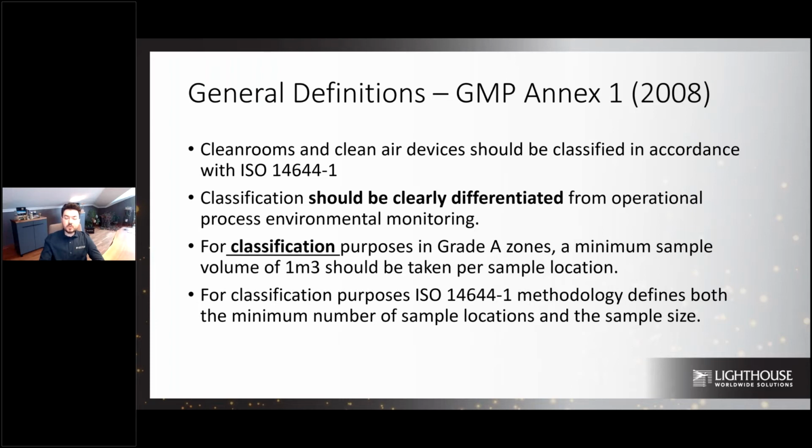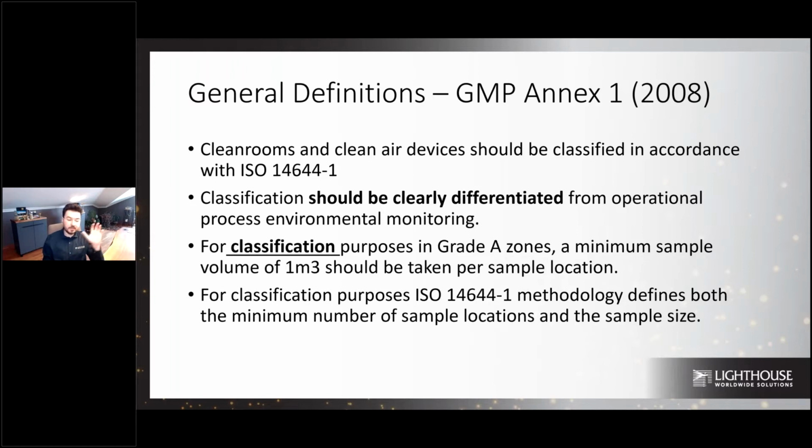In GMP Annex 1, 2008 perspective, you will expect the same calculations, just the limits are different, because in the 2015 version, especially for ISO class 5, we are not using 0.5 and 5 micron anymore. Just 0.5 micron is available, but 5 micron is not available in the ISO class 5 table anymore.